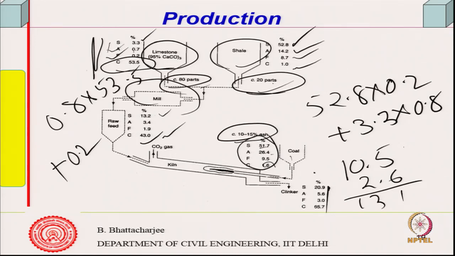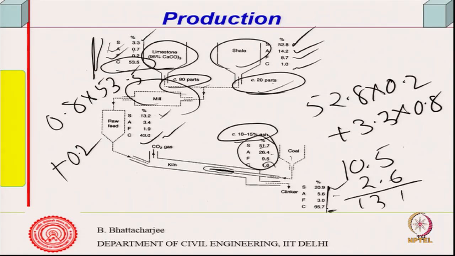So, you can actually find out the final product would be, silica was 13, this was 43, and limestone was 43, and some small ash might come from here also, put together. This will show you something of this kind, right.